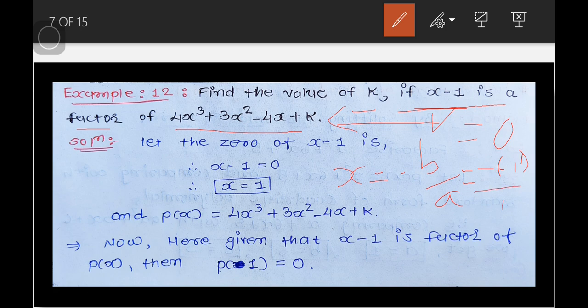So here x = 1. And p(x) = 4x³ + 3x² - 4x + k. Now it is given that x - 1 is a factor of p(x), so we know that p(1) will be equal to 0. So we replace x by 1 and we find the value of k.